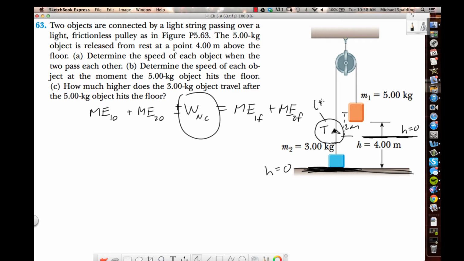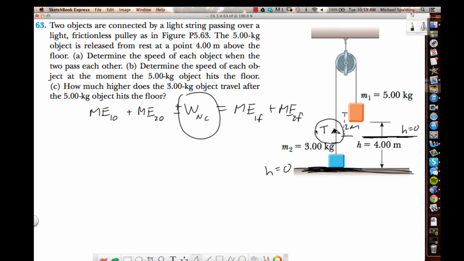In. So that's positive work. Here, which way is tension doing work? Against it. The tensions are equal and the distances are equal. So what's going to happen to the work done by tension? It's going to cancel. So we don't have to worry about the work done by tension.